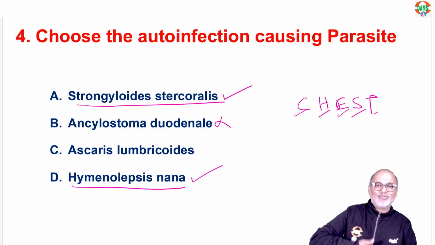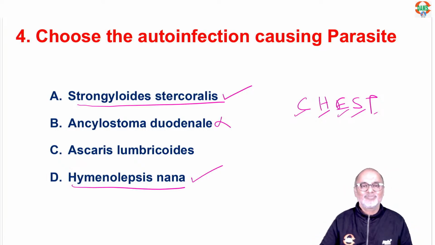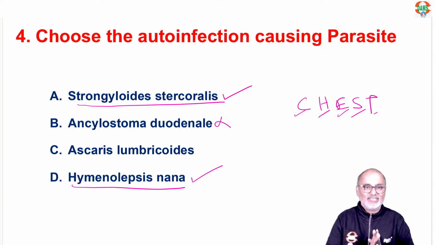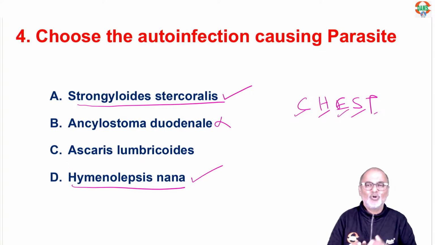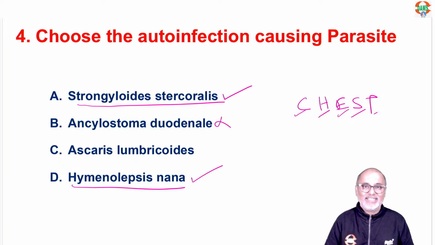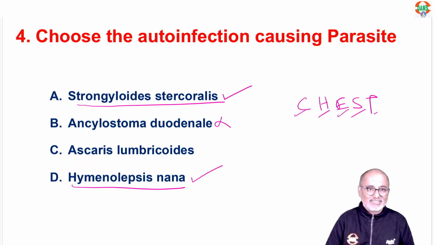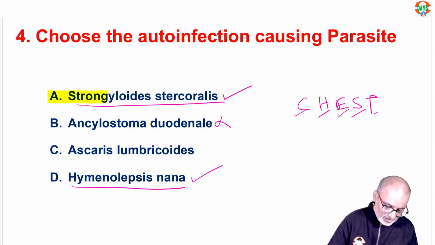Like Bahubali going up retrograde, penetrating the intestine itself, internal autoinfection. And magnitude of the disease, commonness, and prevalence, if you see, Strongyloides stercoralis gets more votes. Both are correct answers. I don't know what they decided in INICET, but experts like us, we will go for Strongyloides stercoralis.